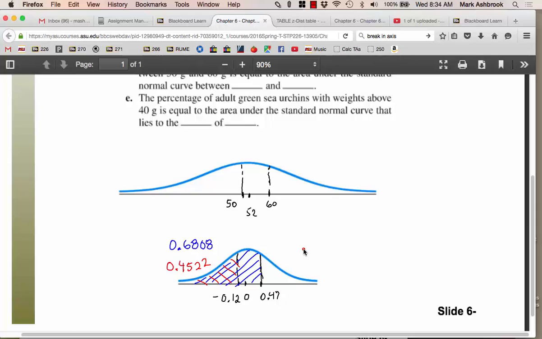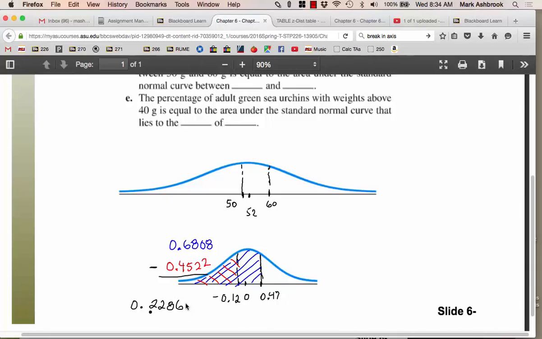All the blue area to the left of 0.47, we got from the chart, 0.6808. All the red area to the left of the z-score of negative 0.12 is 0.4522. We're interested in what lies between. So you subtract 0.4522. Okay, and what'd you get? 22.86%, so 0.2286.